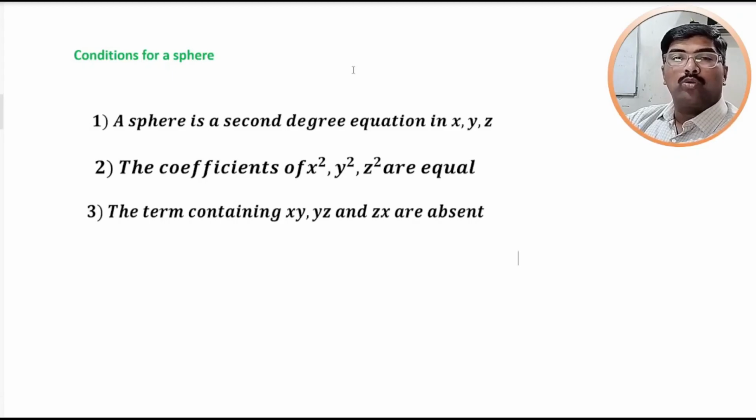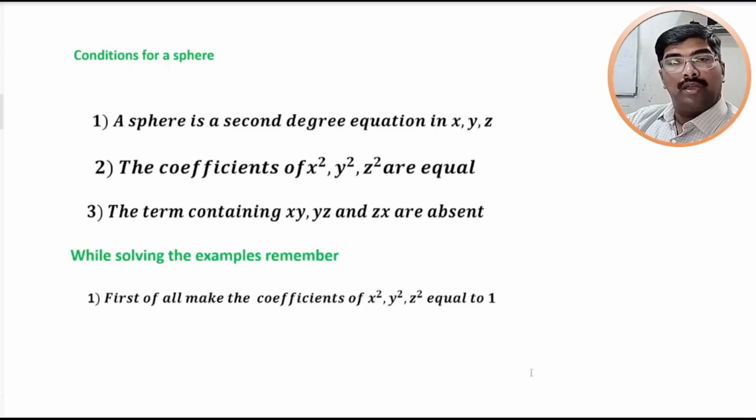Also, we have to remember the following two notes while solving the examples. The first note is, first of all, make the coefficients of x square, y square and z square equal to 1. This is one of the most important notes while solving the example.